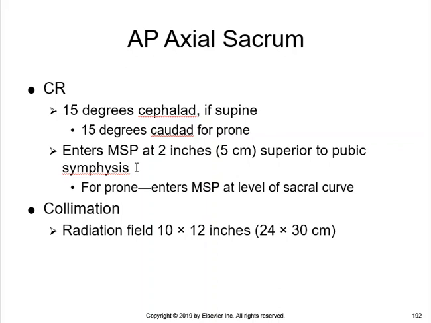Instead of finding the symphysis pubis and centering 2 inches above that, what I recommend you do is find the ASIS and center 2 inches below that. So 2 inches below the ASIS with a 15-degree cephalic angulation with the patient supine. If for whatever reason you're shooting with the patient prone, it would be caudad.